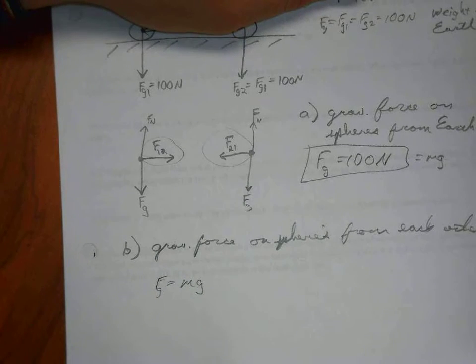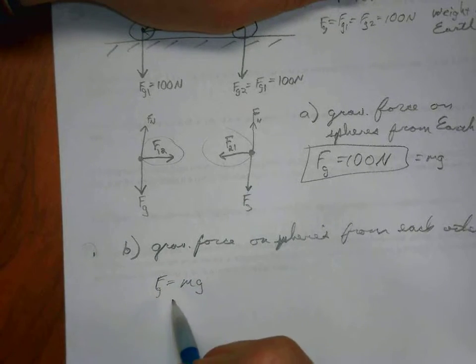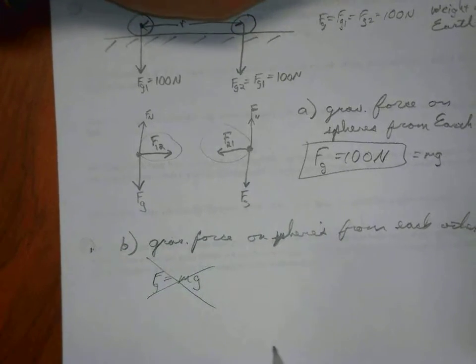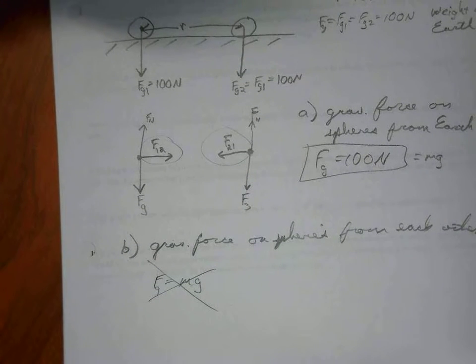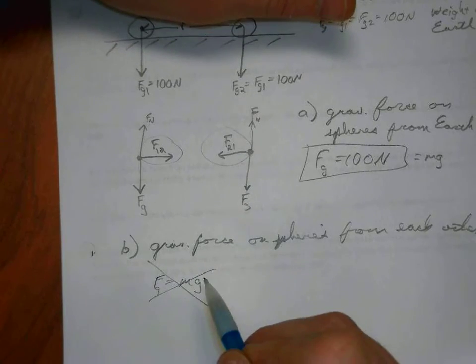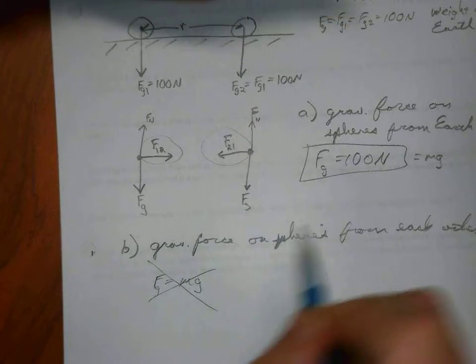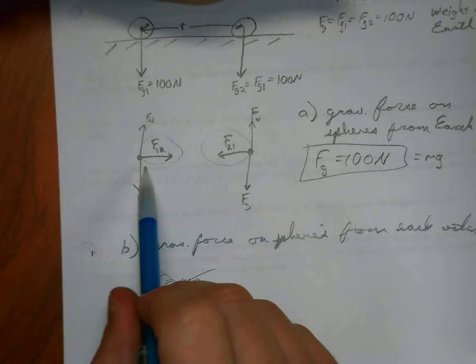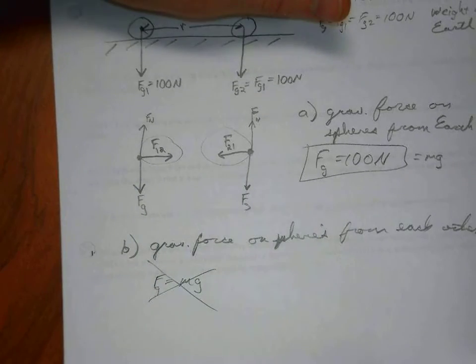Well, remember how we said the force of gravity on the Earth's surface is equal to mg? Well, that's not going to apply here because, yes, it is on the surface of the Earth, but this only tells us what the force of gravity from Earth on the surface of the Earth is. But here, we want to know what the force of gravity from some other object on the surface of the Earth is.